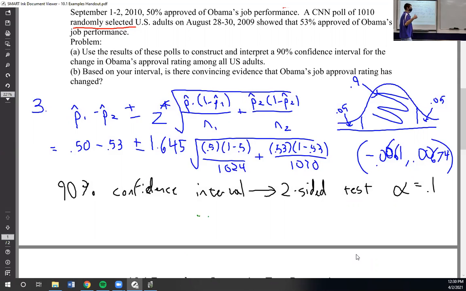Therefore, at a 0.1 alpha level, we would fail to reject the null hypothesis, that there's no difference between the two approval ratings. So in other words, there wasn't a statistically significant change in Obama's approval rating between this time period of 2009 and a similar time in 2010. That's what the conclusion would be.